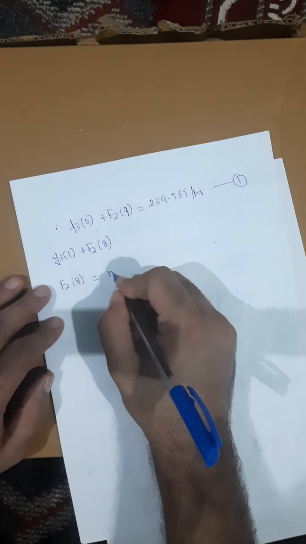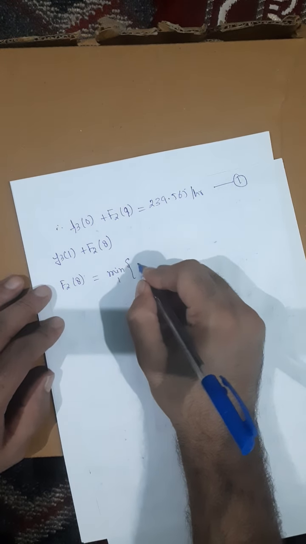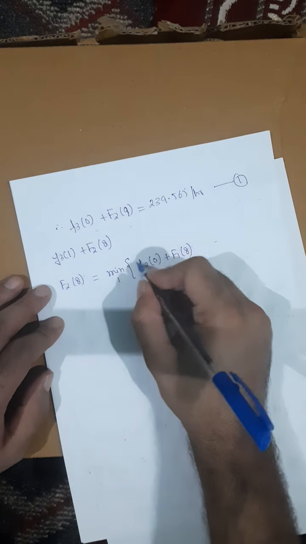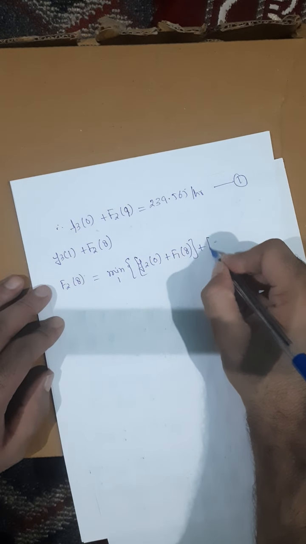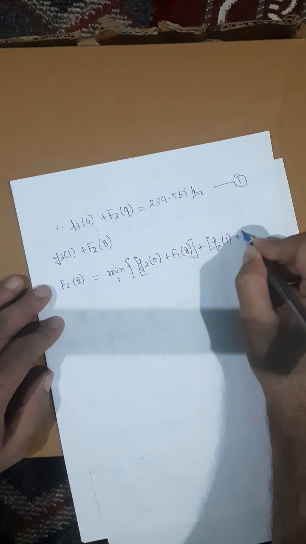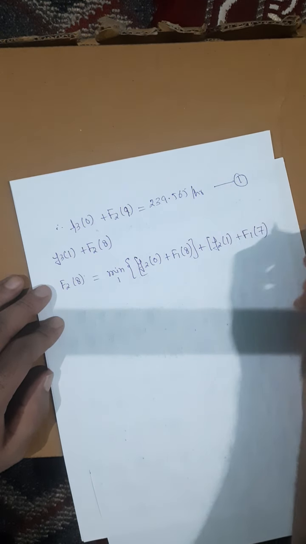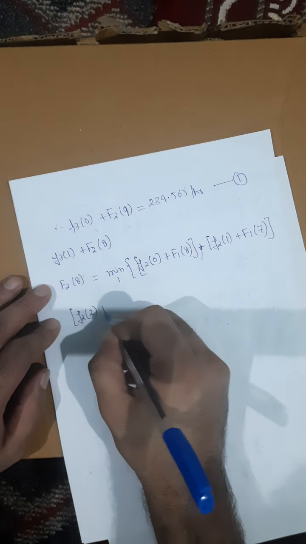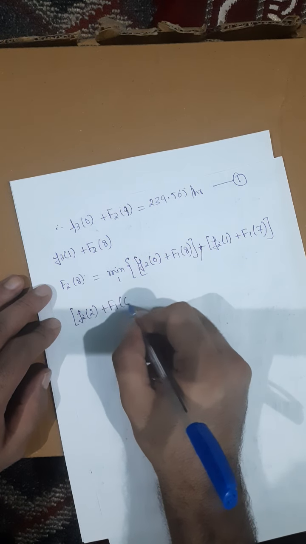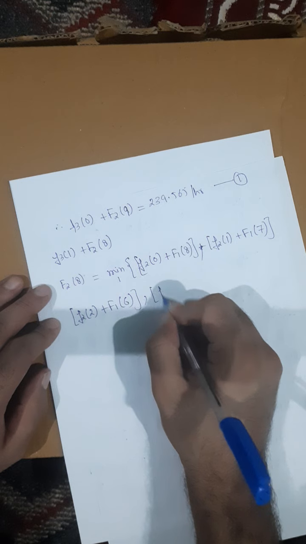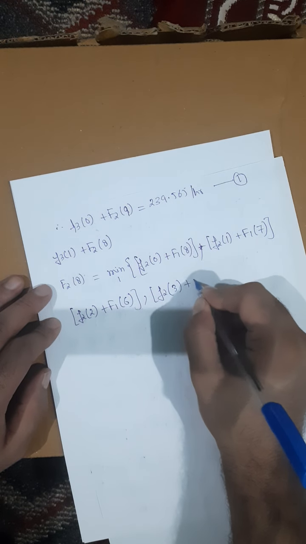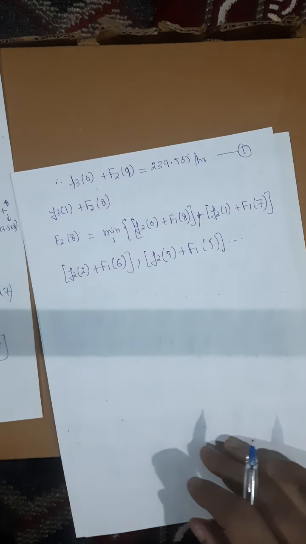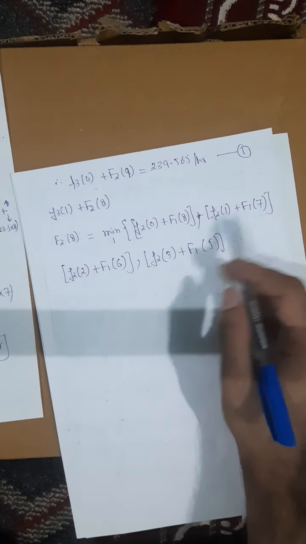F28 will be the minimum over combinations: if the second is taking 0, then the first is taking 8; the second is taking 1 and the first is taking 7; the second is taking 2 and the first is taking 6; the second is taking 3 and the first is taking 5, up to the last. Let me calculate this whole thing now.